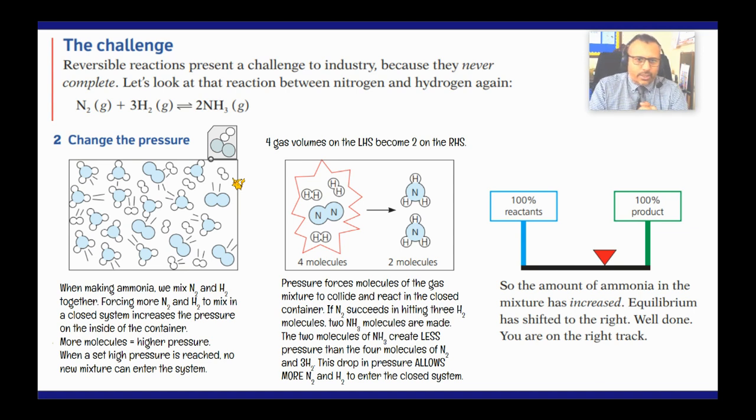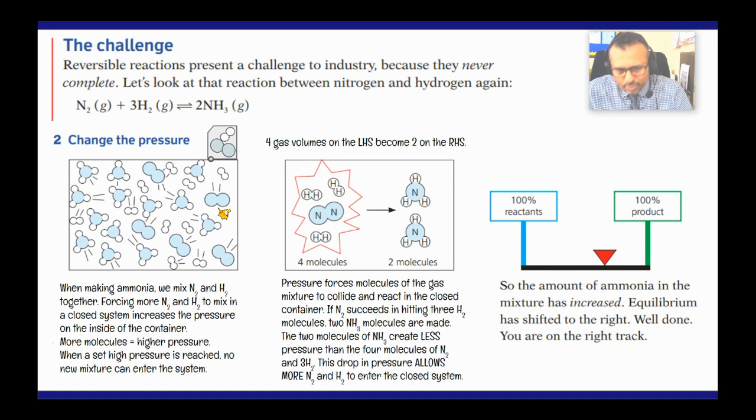Now, what you've got to try and understand is that under the conditions of temperature and constant pressure, the reaction takes place, and you'll set up your equilibrium, which is fine. If you start injecting more molecules, more of your nitrogen and more of your hydrogen, into this chamber, you get more molecules bashing on the inside of the walls.